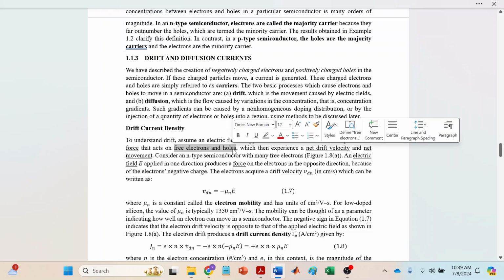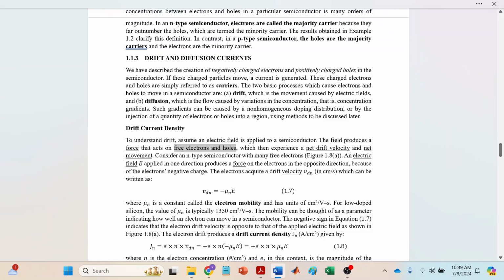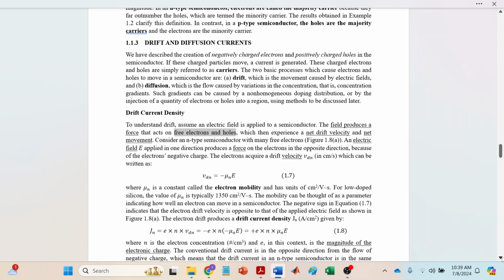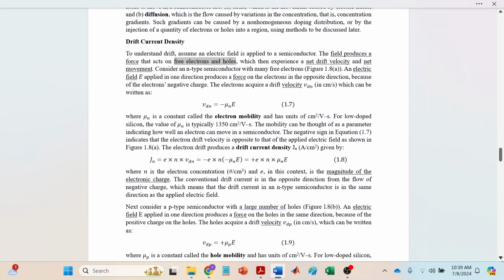And when the force acts on them, a net drift velocity is produced, because force acting on any particle will produce a velocity and a net movement, and as a result of the movement we can see that current will be created.